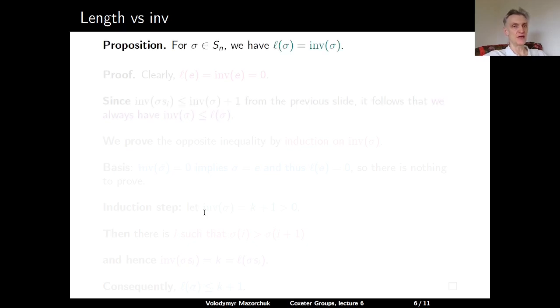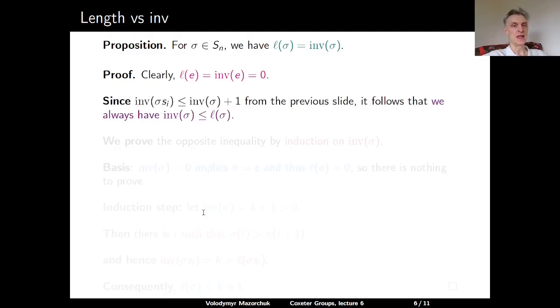Proposition: for any element sigma in Sn, the length of sigma is equal to inv of sigma, the number of inversions for sigma. Proof: to start with, if we have the identity, then its length is 0 and the number of inversions is 0, because all elements are in order.